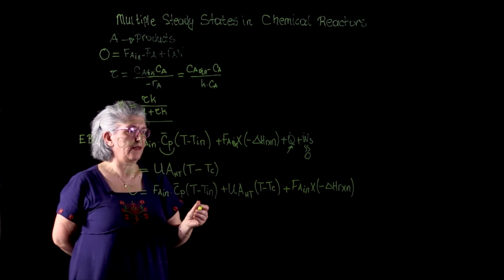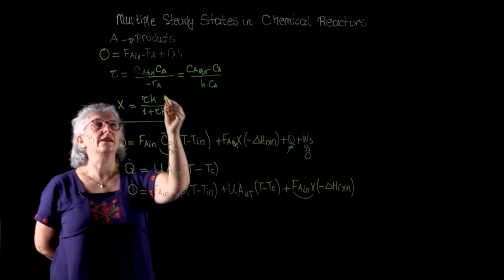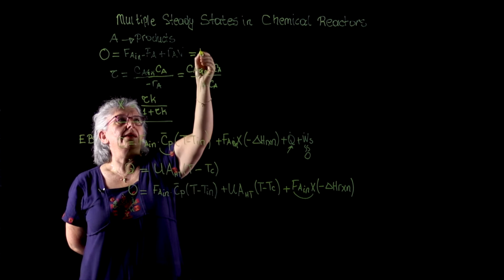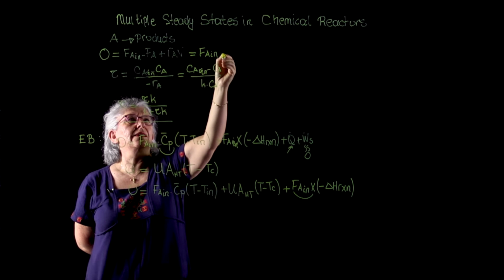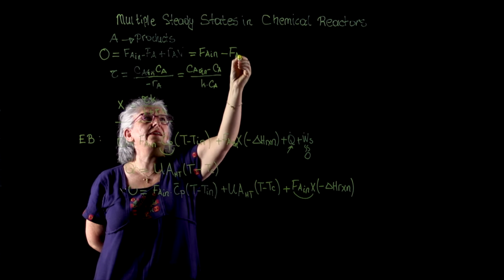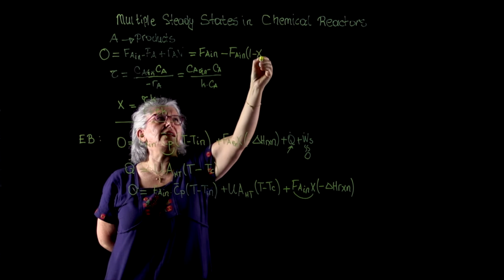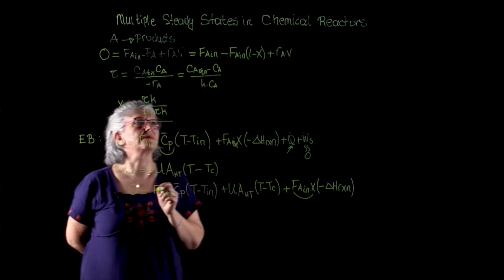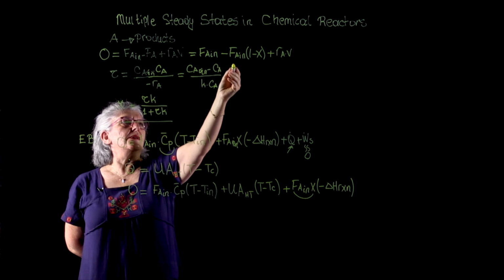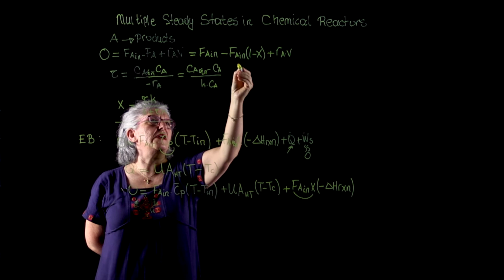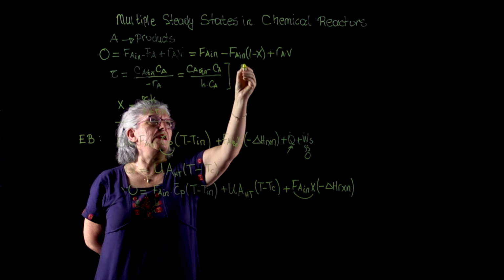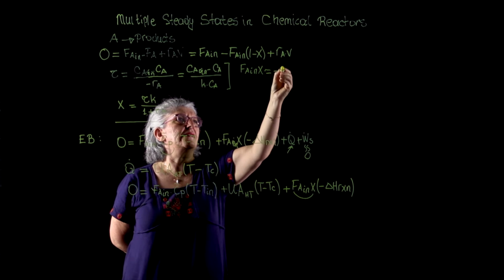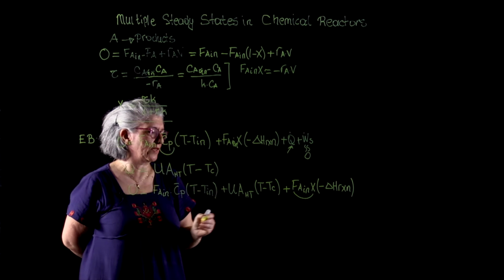This term, FA in times X, if we go back, we have FA in minus FA is FA in times 1 minus X plus RA times V. So from this expression, we observe that FA in X is equal to minus RA times V. That's what we are going to substitute here.